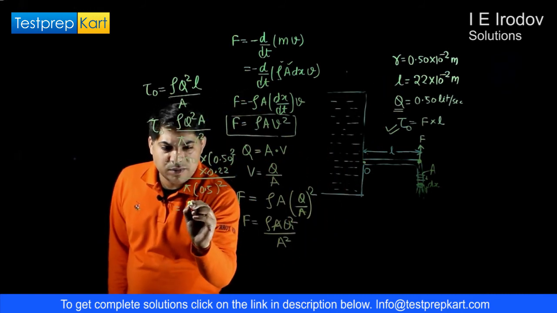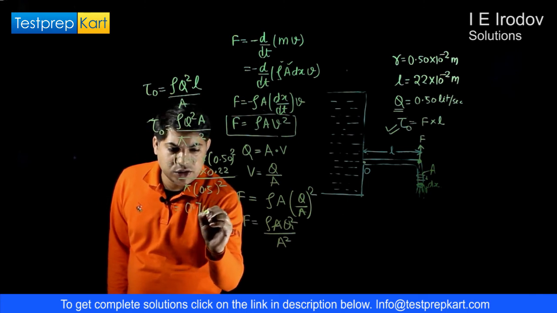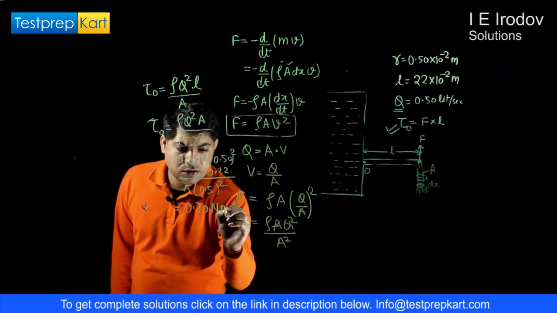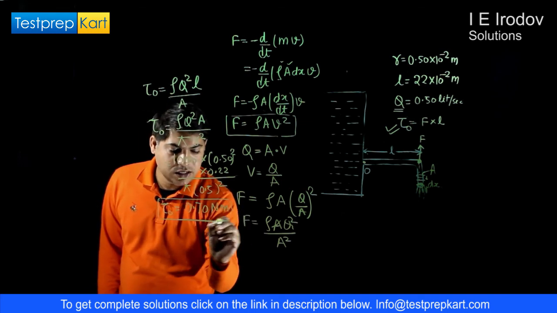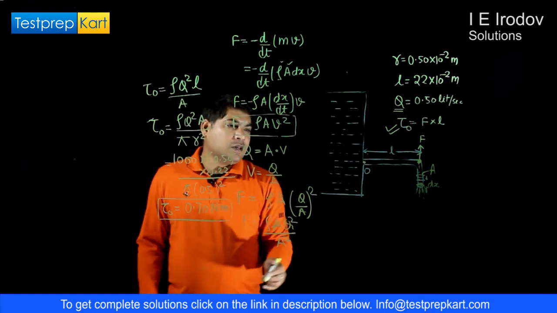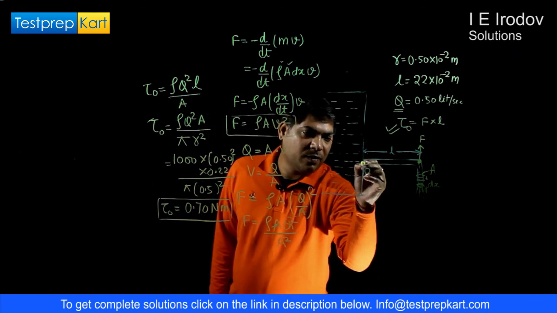If we solve them, the solution would be 0.70 Newton meter. This is the moment of force working on the walls about point O.